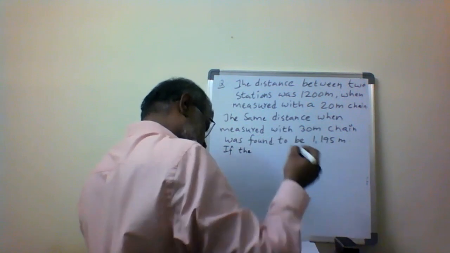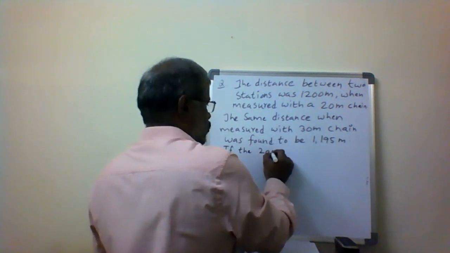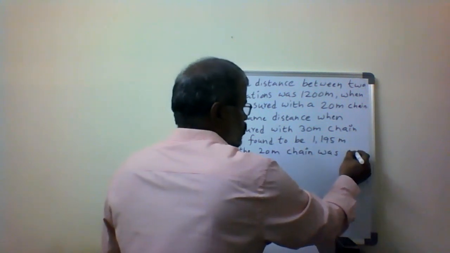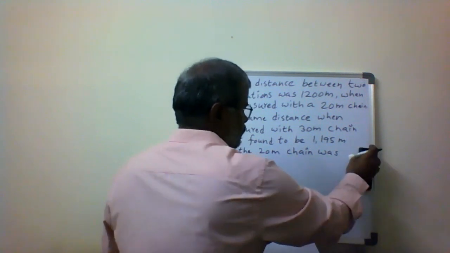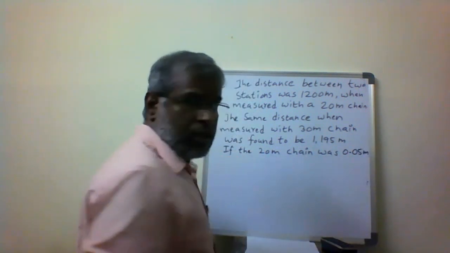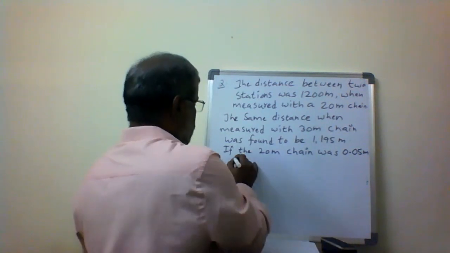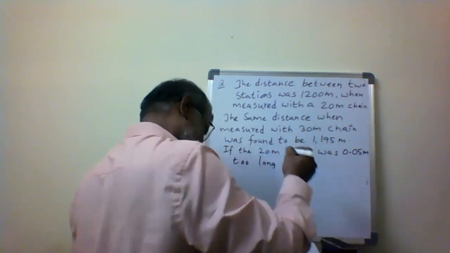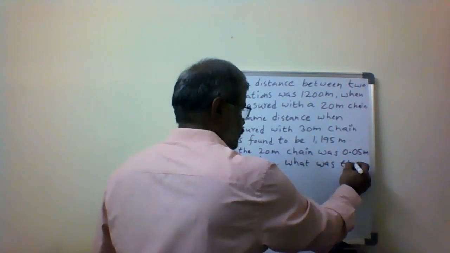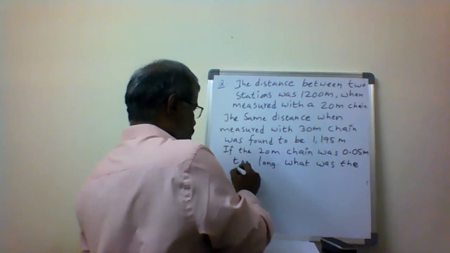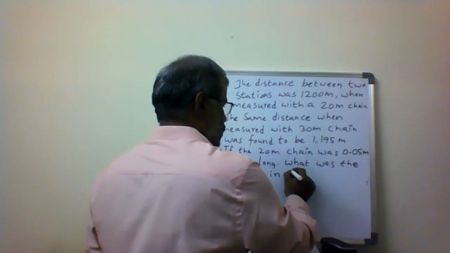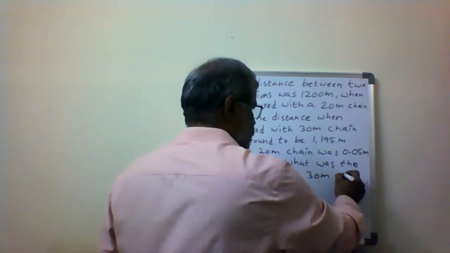If the 20-meter chain was 0.05 meters too long, what was the error in the 30-meter chain?